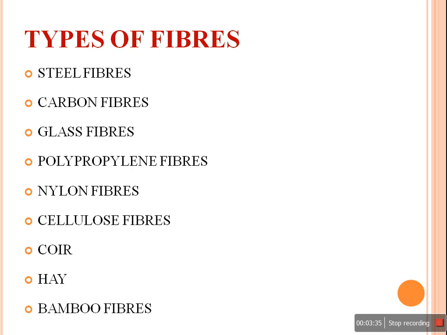In the examples I have given here, steel, carbon, glass, polypropylene, nylon and cellulose are all artificial or man-made fibers, whereas coir, hay, bamboo fibers, or else horse hair, which was used in the olden days of construction, come under natural fibers.